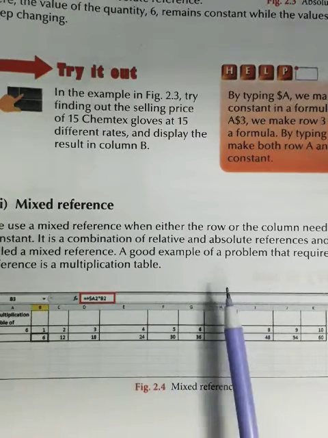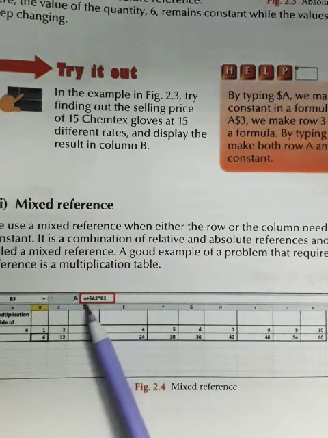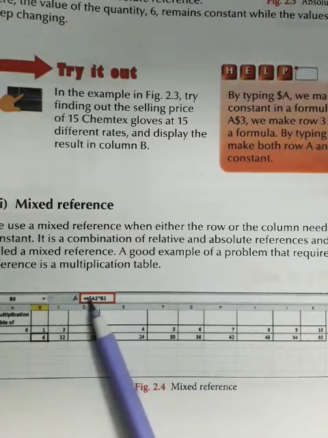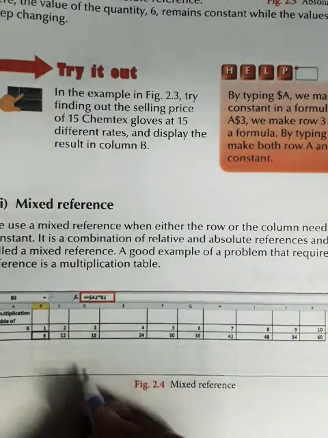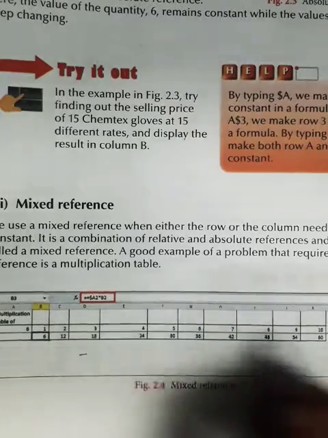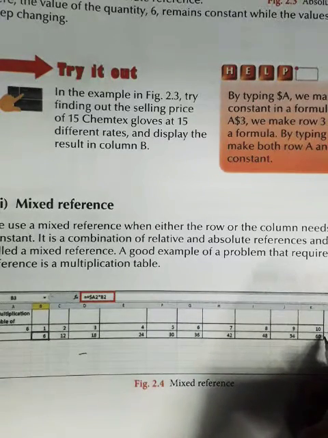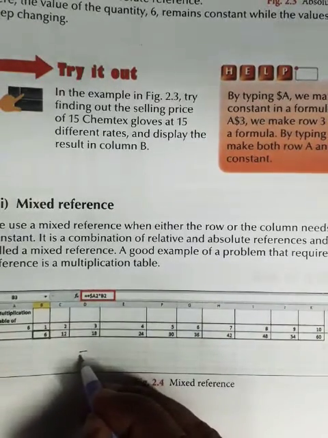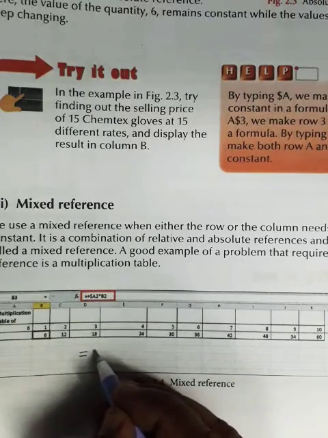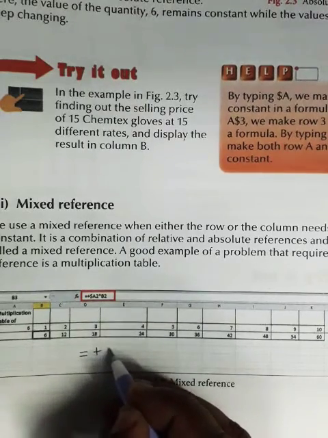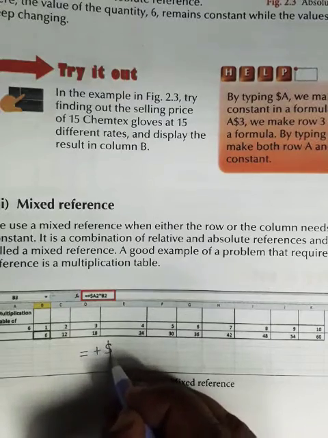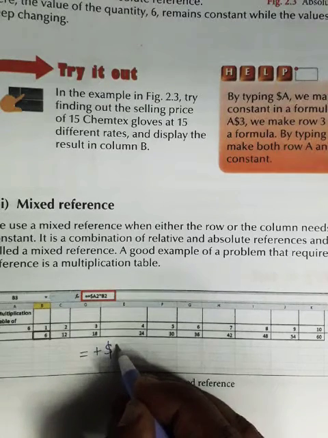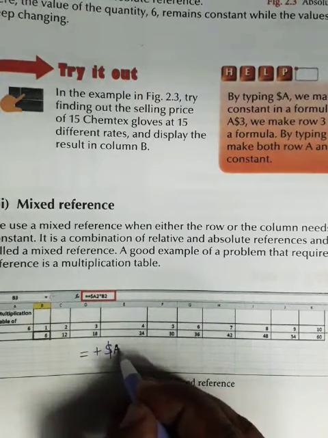It means there will be a relative and an absolute part here. Put the equal sign where you want to get the table of 6. After the equal sign, put the dollar sign and then A2. What is A2?